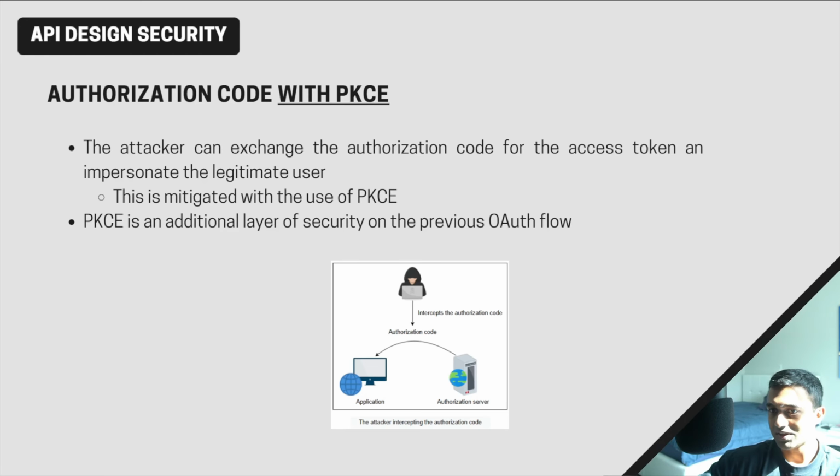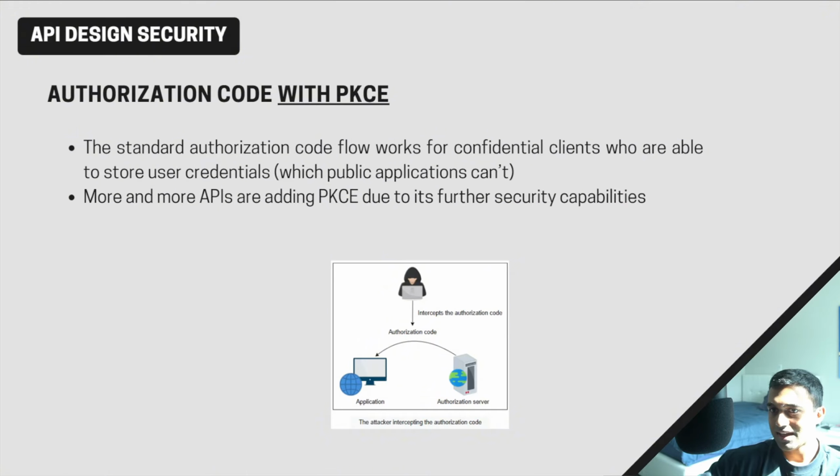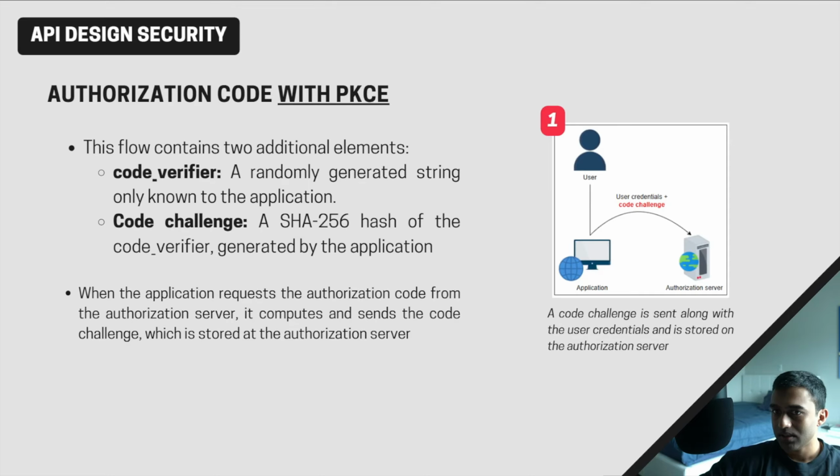PKCE is an additional layer of security on the previous OAuth flow. The standard authorization code flow works for confidential clients who are able to store user credentials, which public applications can't. More and more APIs are adding PKCE due to its further security capabilities. So this flow contains two additional elements.